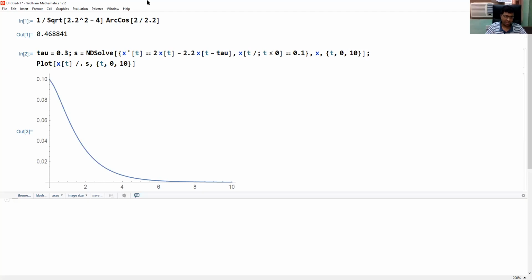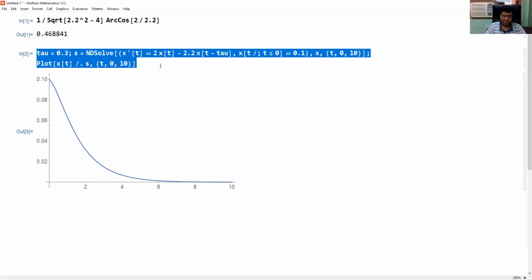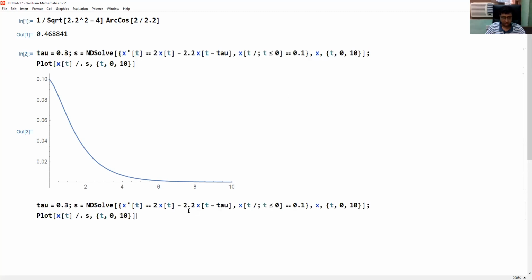We can see that it is stable for tau equal to 0.3 and initial condition 0.1. We may choose any other initial data which is sufficiently close to the origin, not necessarily constant, maybe minus 0.1.